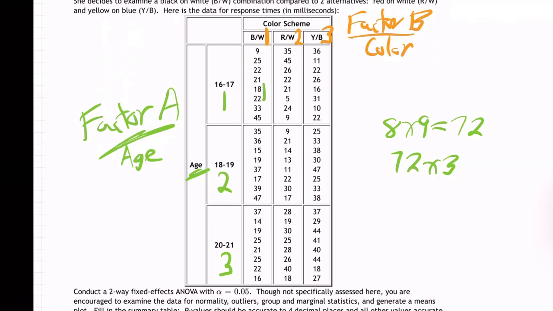This is 1, 1, 1, 2, 2, 2, 3, 3, 3, and then put the other factor: 1, 1, 1, 2, 2, 2, 3, 3, 3. Do you see what I'm doing there? These are the numbers that must come in columns 2 and 3 after the data.